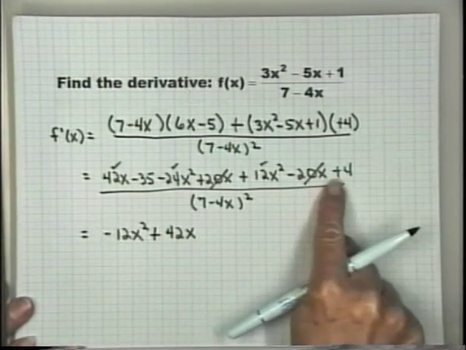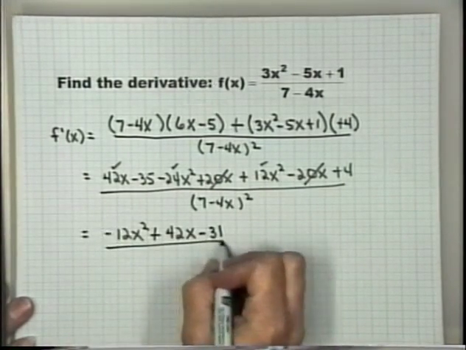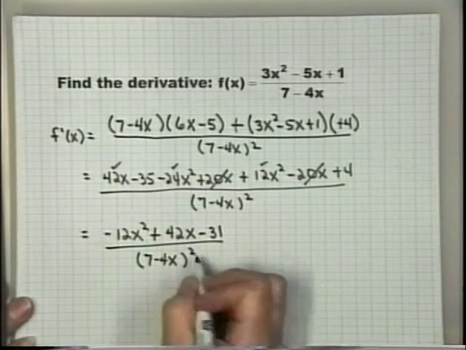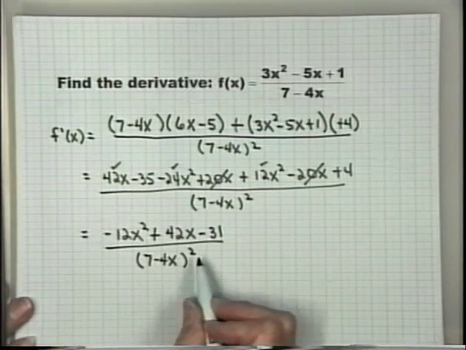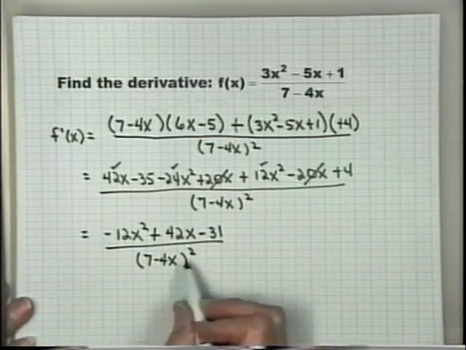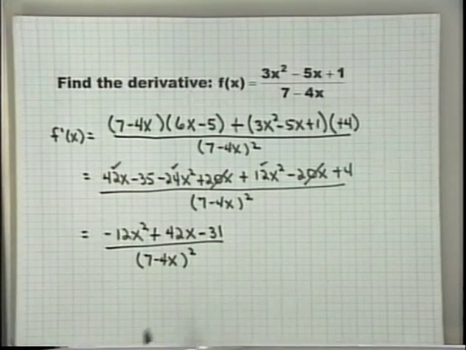Negative 35 plus 4 is a negative 31. That's over 7 minus 4x quantity squared. Now, usually we do not square this part out here unless there's some reason that you particularly want to do that. Usually we'll just leave that in this form right here. There's not anything that we can do here to simplify this further.